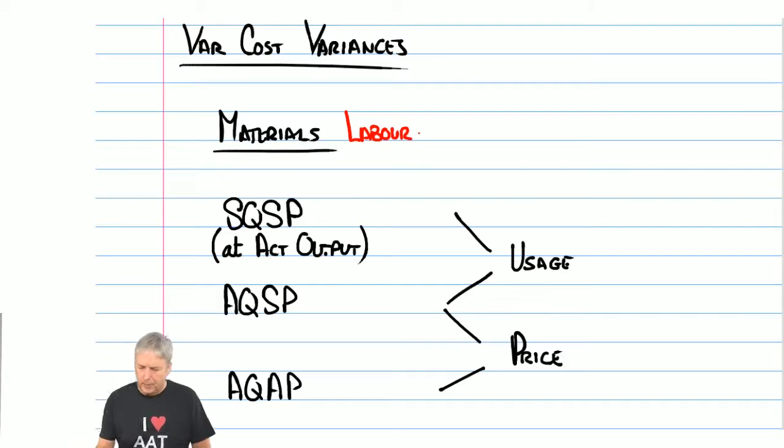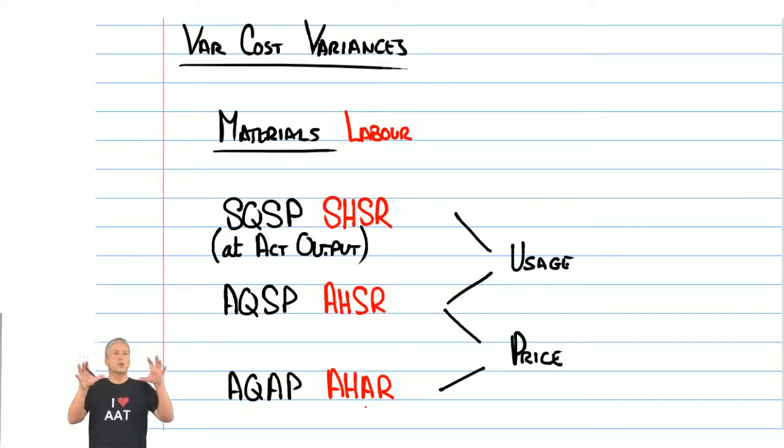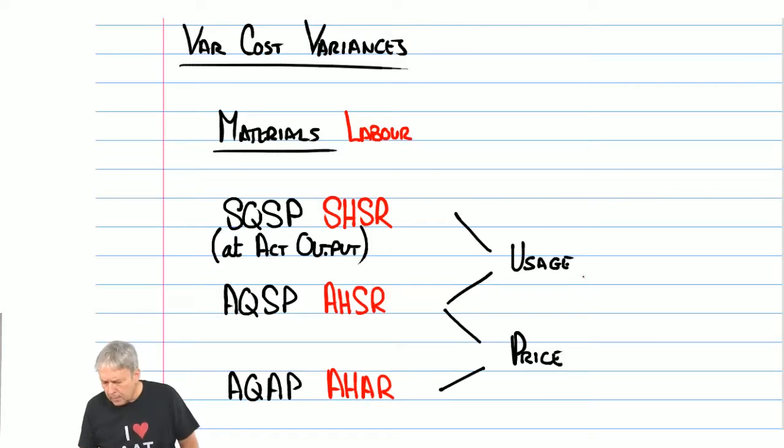Instead, what we talk about would be the standard hours at the standard rate, the actual hours at the standard rate, and the actual hours at the actual rate. So in essence, we're doing exactly the same thing. Okay, nothing changes. The only difference is the terminology. Instead of usage, we talk about efficiency.